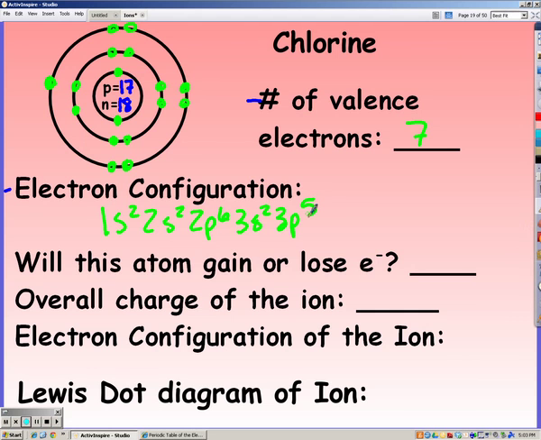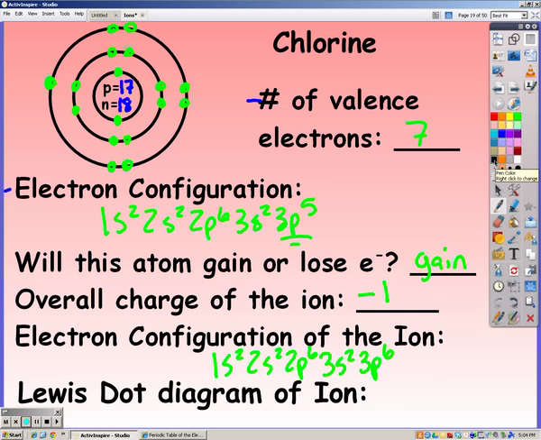So if it has 7 valence electrons, is it easier to lose 7 or gain 1? If you said gain 1, you are correct. If it gains, remember it's going to have a negative charge because electrons are negative, and we gained 1, so that's a -1. It's going to put that 1 extra electron in the 3p so we can fill up that 3p. And so it's going to become 3p6 at the end.